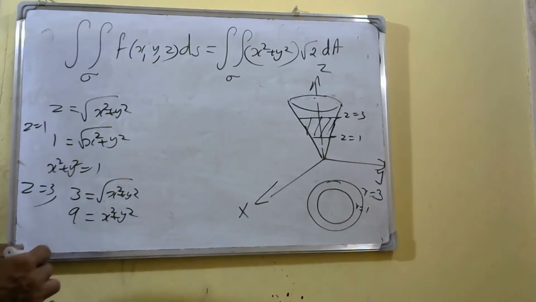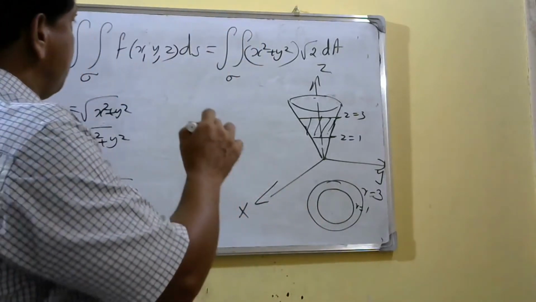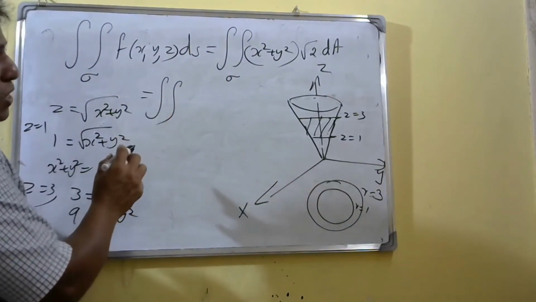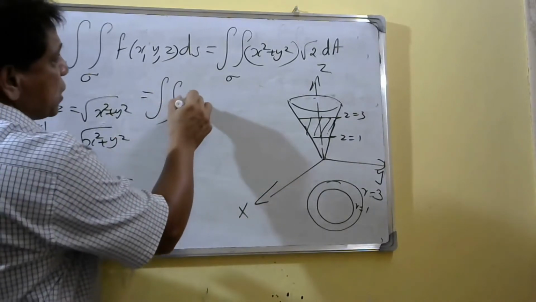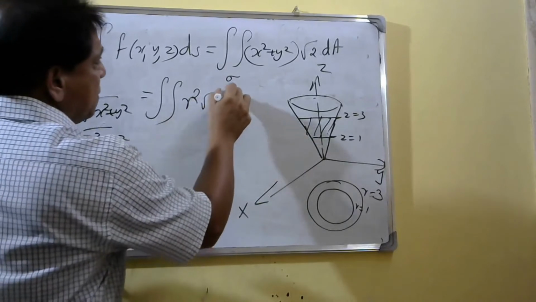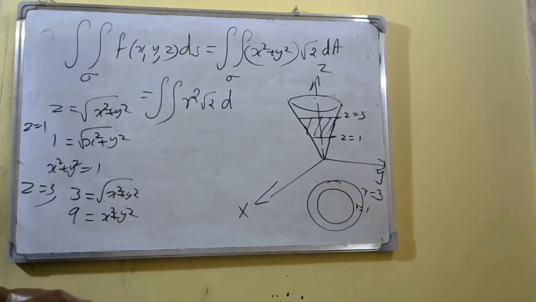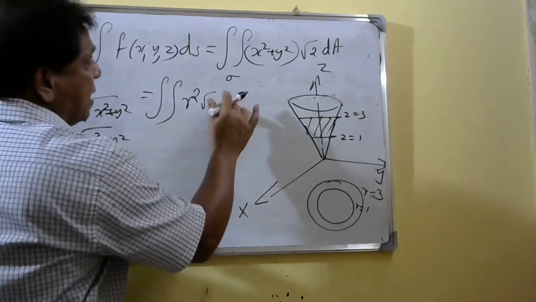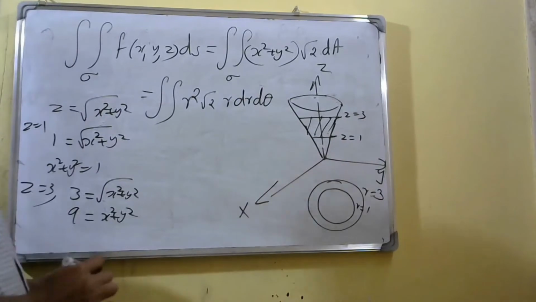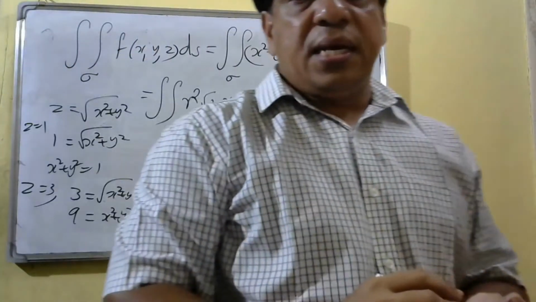Then we can do this problem by using polar form. By using polar form, x square plus y square can be taken as r square into root 2. dA can be taken as r dr d theta. Therefore, the limits of r.